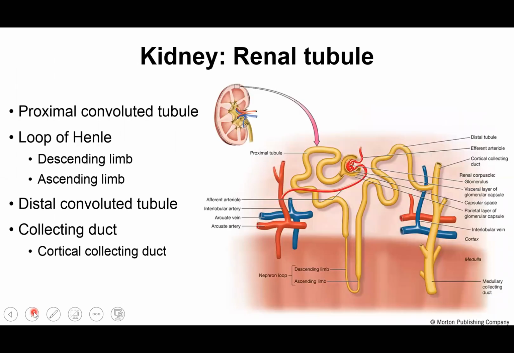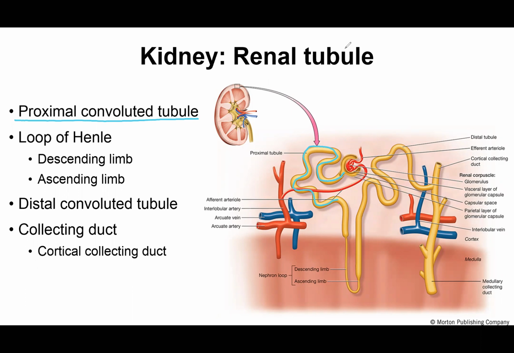Okay, so parts of the nephron. Now that we've talked about the glomerulus and Bowman's capsule, we're going to go through and talk about the different parts of the nephron. The first part that we will discuss is the proximal convoluted tubule. So just after we leave Bowman's space, we enter this section, and this is the proximal convoluted tubule.